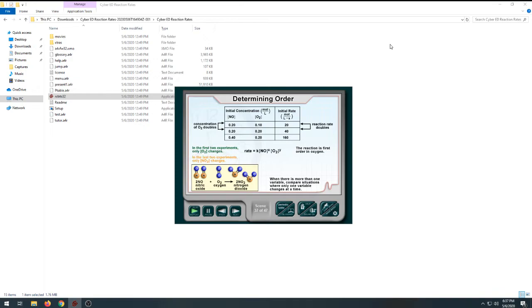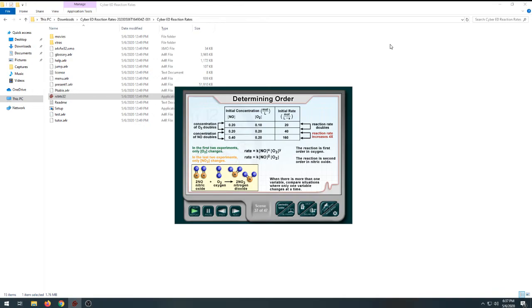In the second and third experiments, only the concentration of nitric oxide changes. So you can use this data to determine the effect of changing the concentration of nitric oxide. As you can see, doubling the concentration increases the reaction rate by a factor of 4, which means the reaction is second order in nitric oxide.